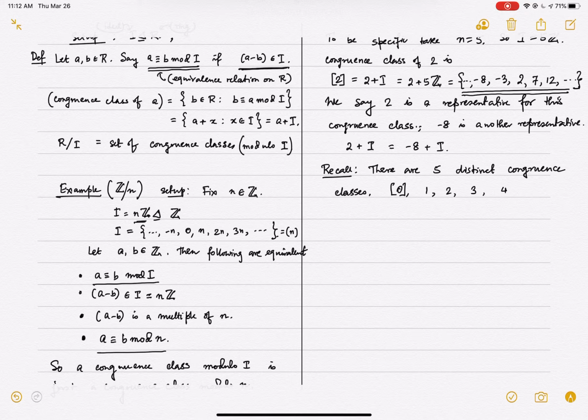So the classes were denoted like this. In the new notation, they will be called 0 plus I, 1 plus I, etc. You could explicitly describe them as follows: 3 plus I is the set of all integers that give remainder 3 when divided by 5.